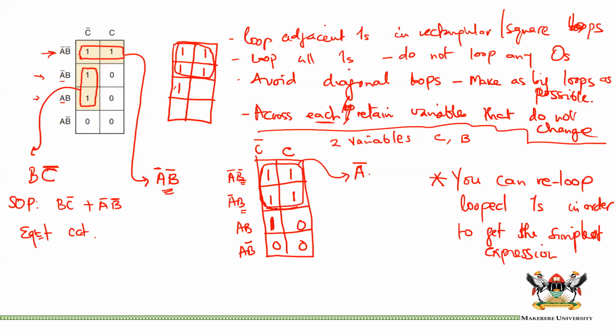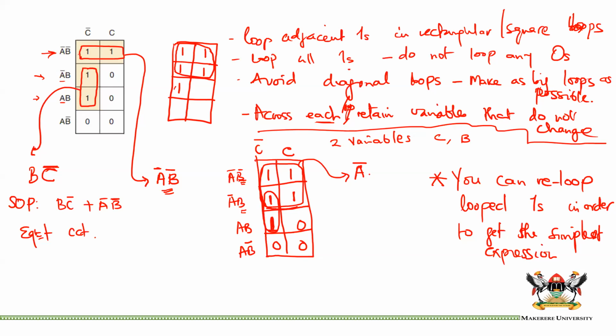This statement is saying that actually, much as this one is already looped, we can still create a loop that uses that one, all right? But we should make sure that at least one, of course we had this one which wasn't looped, but we can loop it with as many adjacent ones as possible to end up with a simpler expression.